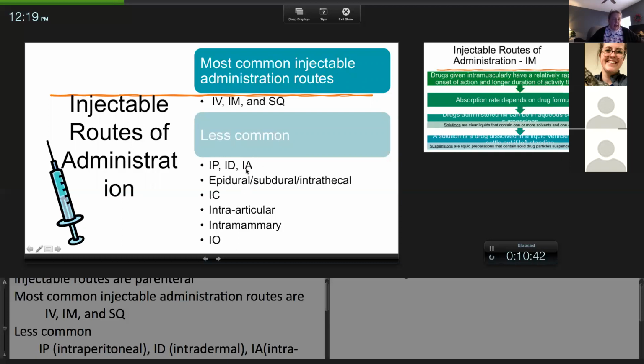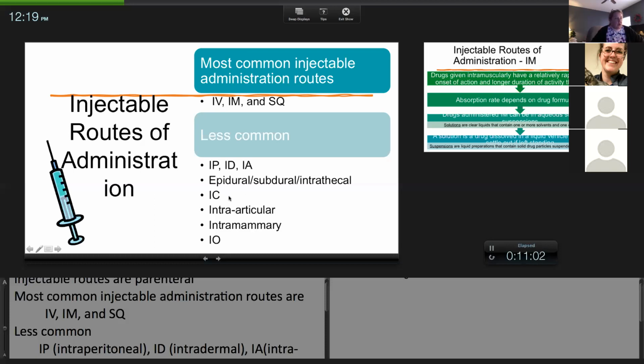Now, IA is articular. If you're thinking arterial, we don't like to give drugs in the arterial system. So IA is articular, because you can put drugs, anti-inflammatories, lidocaine, morphine, things like that in a joint to treat pain, to numb the area.